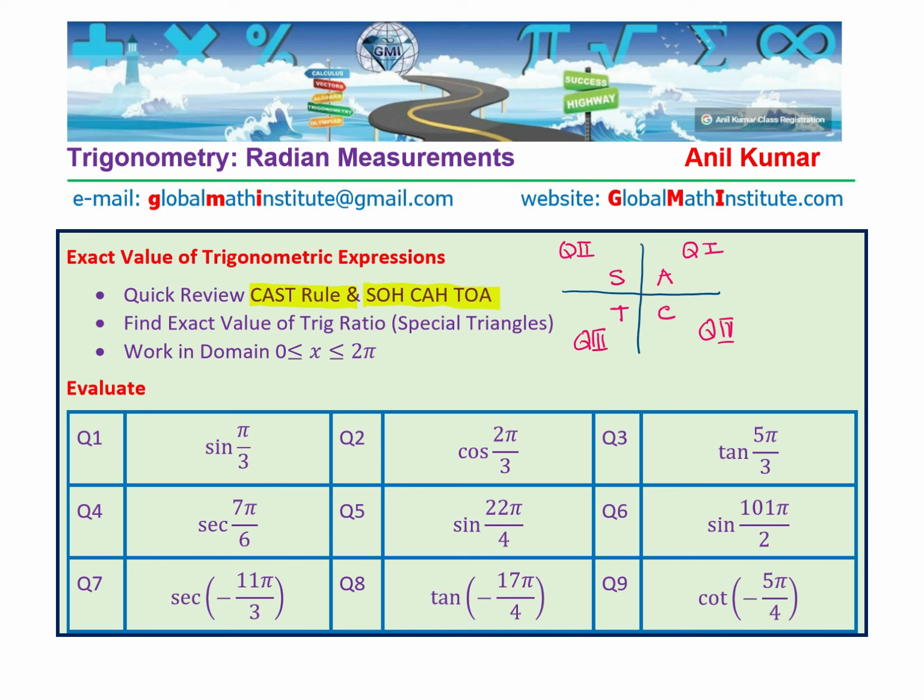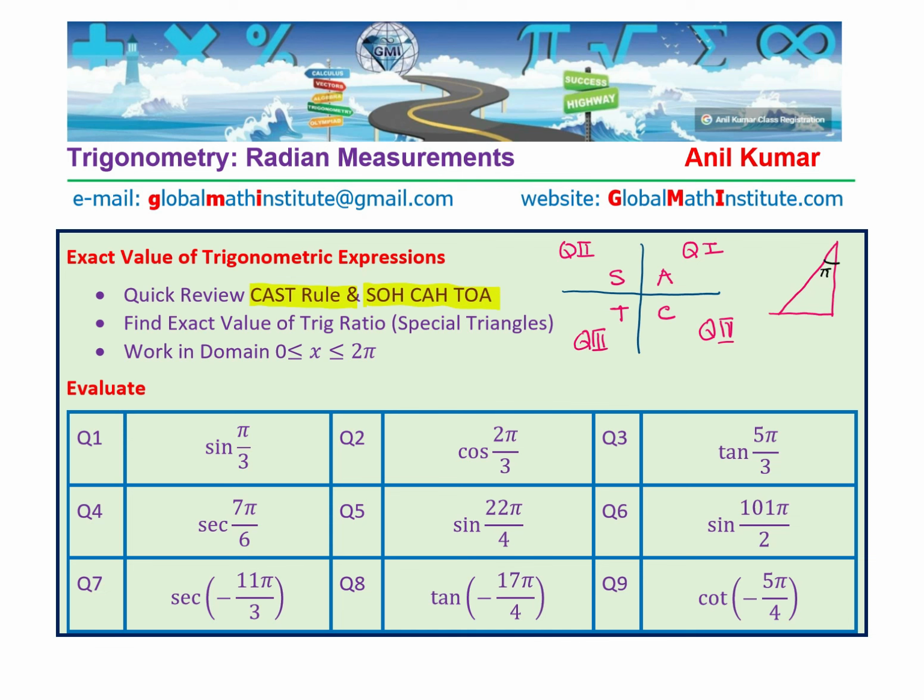So that's clear. Now, SOHCAHTOA basically is: sine is opposite over hypotenuse, cos is adjacent over hypotenuse, tan is opposite over adjacent. Two triangles to consider. One is 30, 60, 90. Now, when we say radians, 30 degrees is basically pi by 6.